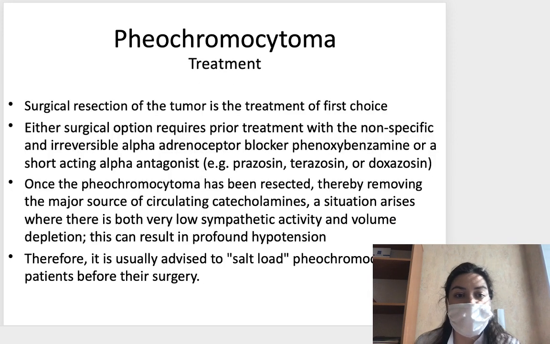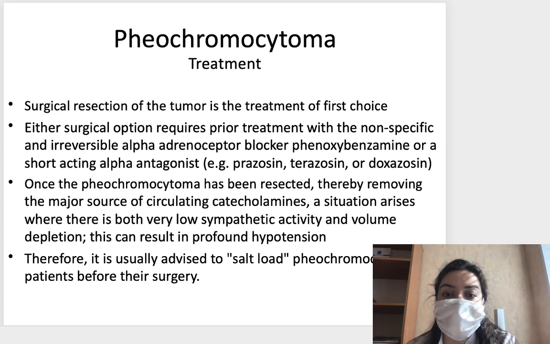Treatment of pheochromocytoma: surgical resection of the tumor is the treatment of first choice. Surgical options require prior treatment with the nonspecific and irreversible alpha adrenoreceptor blocker phenoxybenzamine or short-acting alpha antagonists like prazosin, terazosin, and doxazosin.